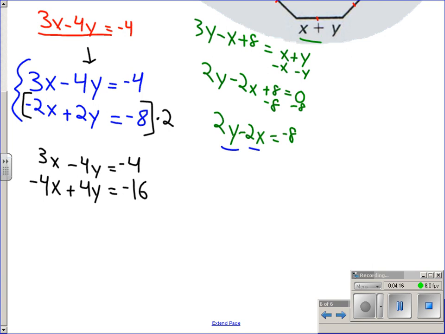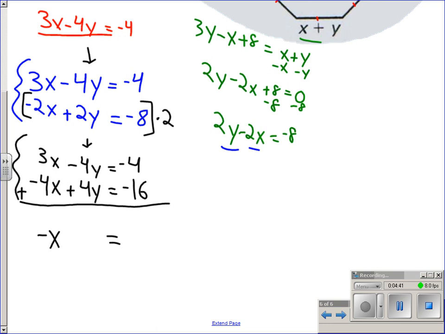Now you can see those y values. They're both 4 y's, but one's positive, one's negative. Once you have one of your variables equal and opposite, you just add up those 2 equations, like terms. 3x plus a negative 4x is a negative 1x. Negative 4y plus 4y, that's 0.